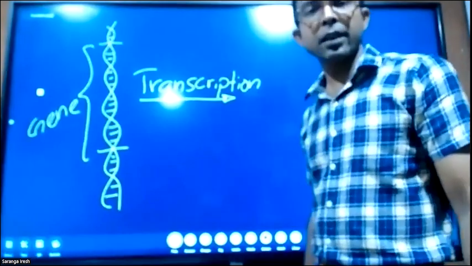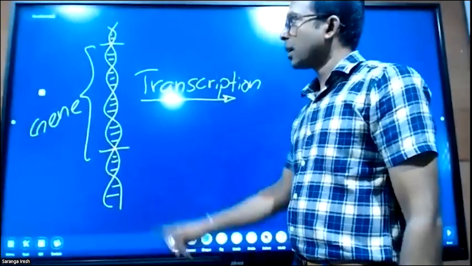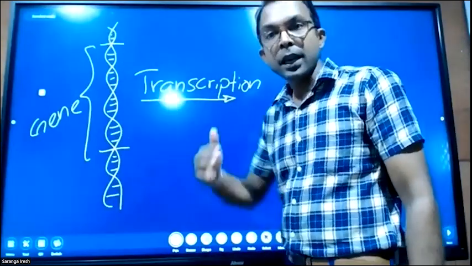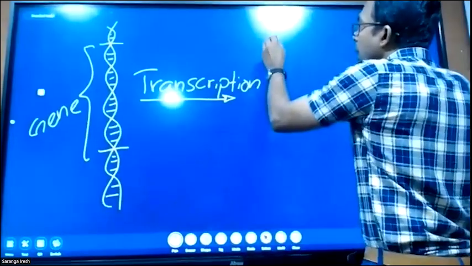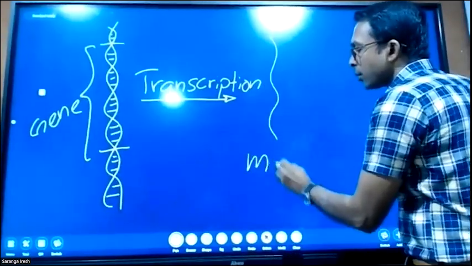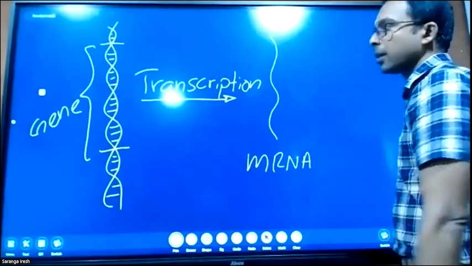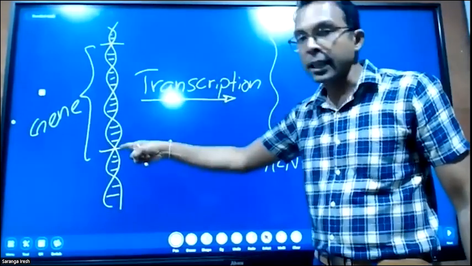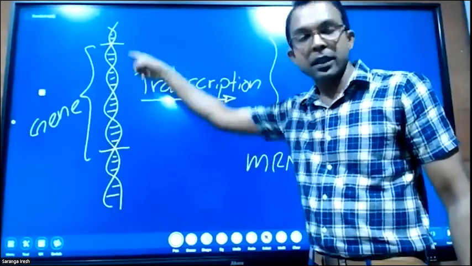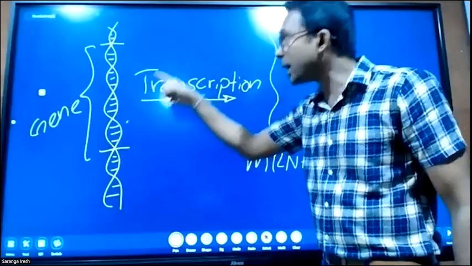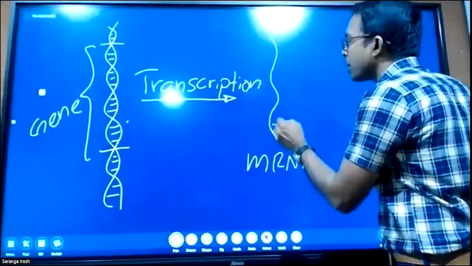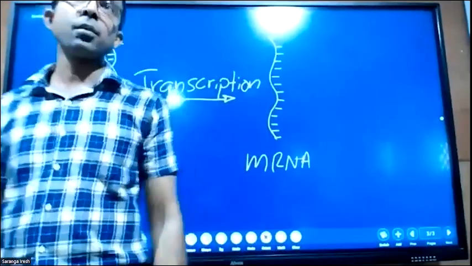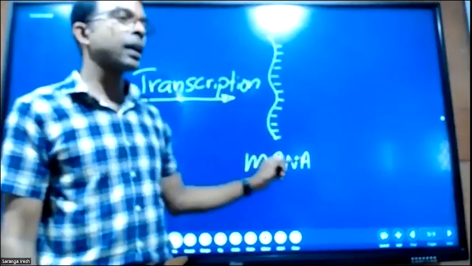What happens during this transcription process? The base sequence present in this gene is copied into an mRNA molecule. mRNA means a single-stranded molecule, messenger RNA.